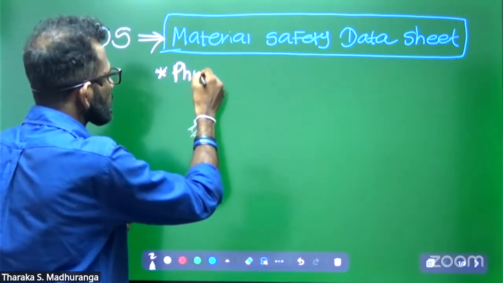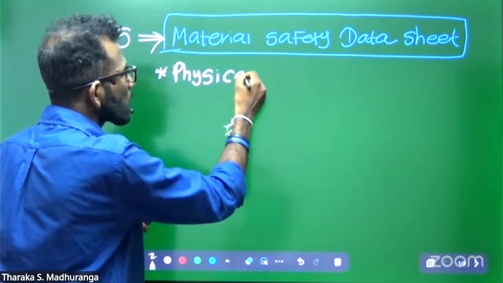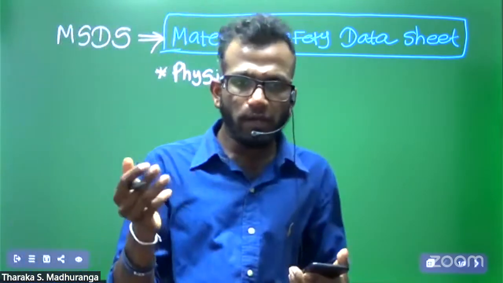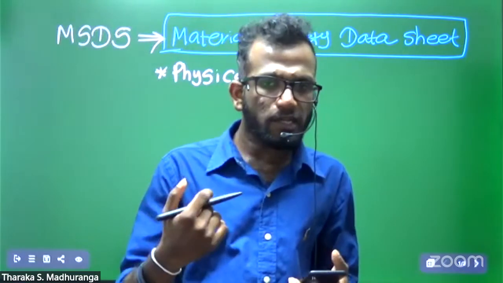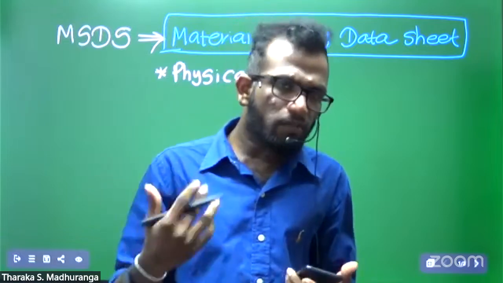The content of the MSDS sheet, the first one is physical and chemical characteristics of the raw material. You can search for sodium hydroxide MSDS sheet on the internet and download it. Whatever chemical, you can download its MSDS sheet.